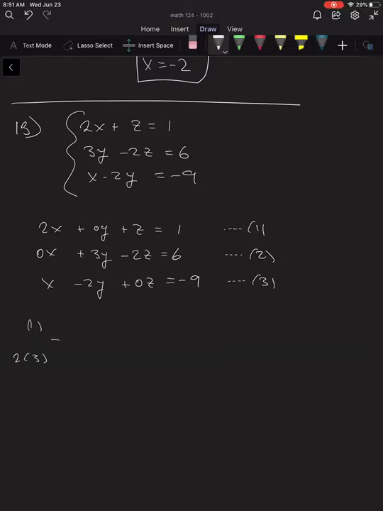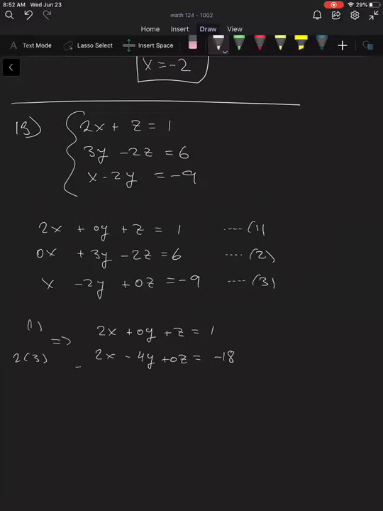Equation 1 is just 2x plus 0y plus z is equal to 1. And then 2 times equation 3 is 2x minus 4y plus 0z is equal to minus 18. So just multiplying equation 3 by 2.